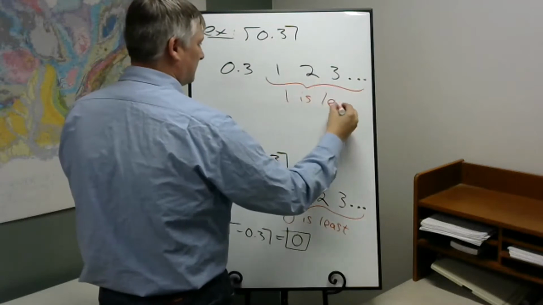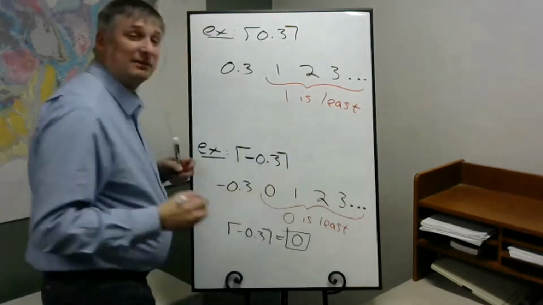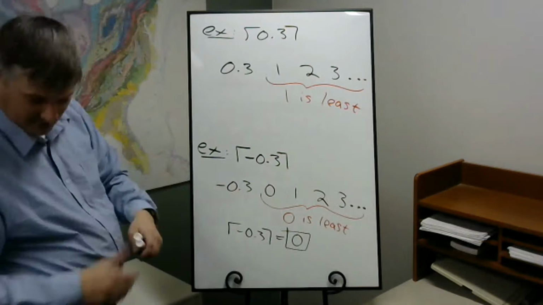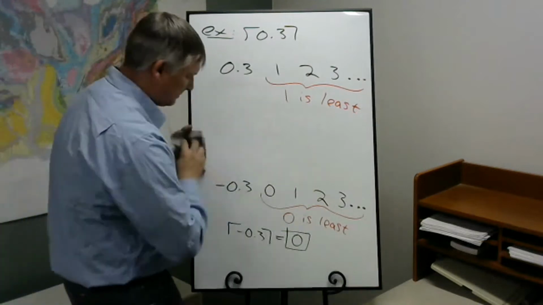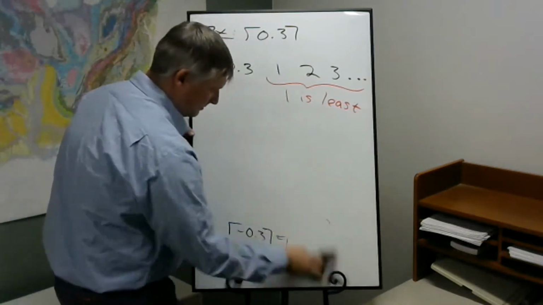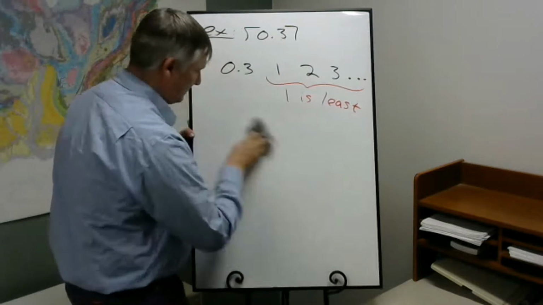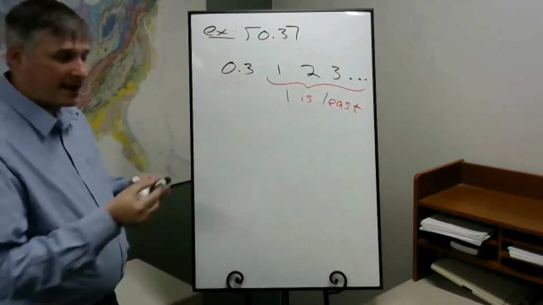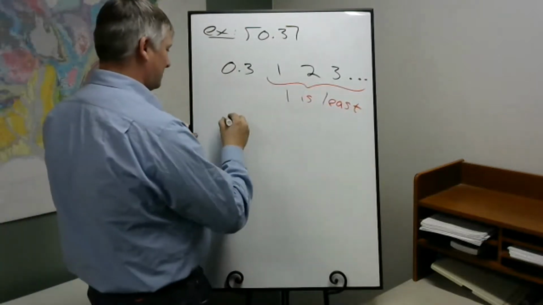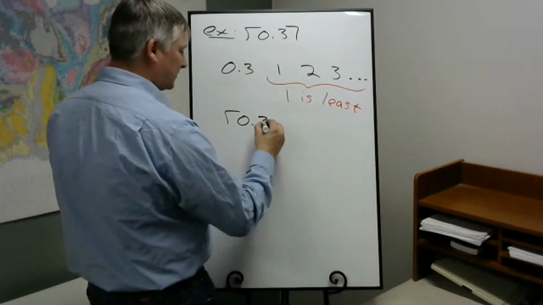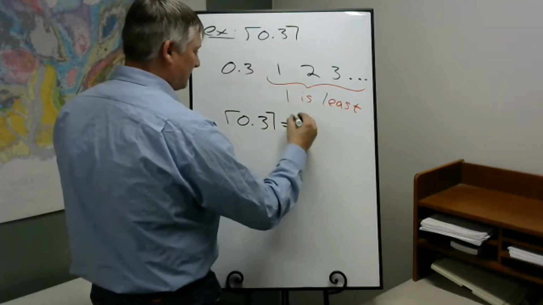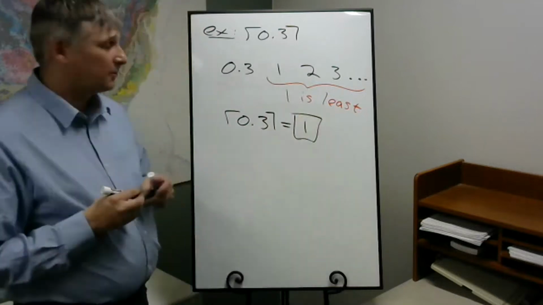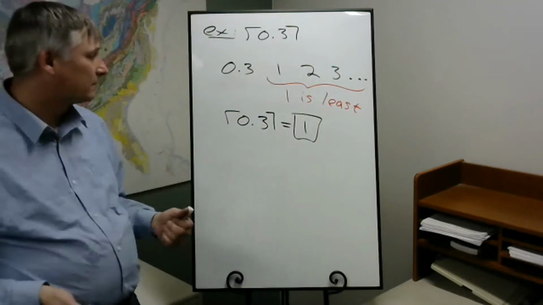And 1 is least. So that means the least integer function applied to 0.3 is 1.